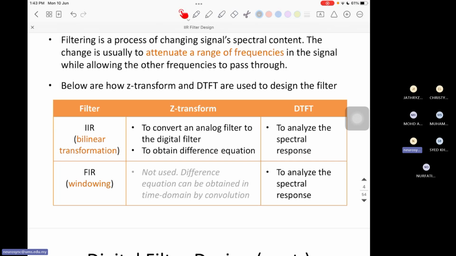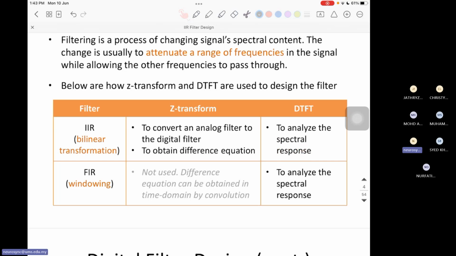So here the Z transform is basically used to convert an analog filter into a digital filter, and to get the difference equation, we will use the Z transform. The discrete time Fourier transform is used to analyze the spectral response.